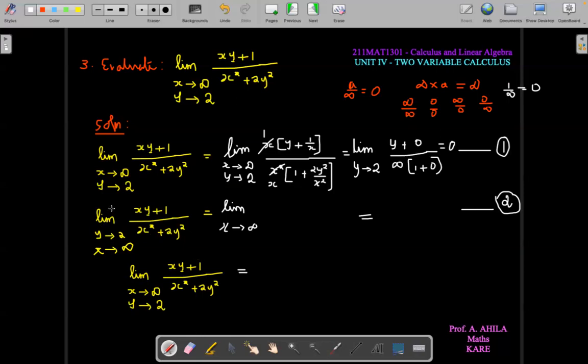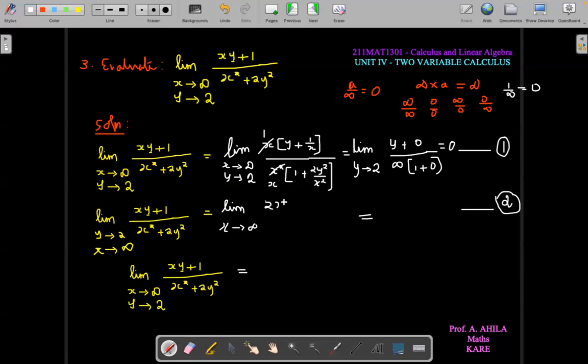Now, in the second path, we change the order. First y tends to 2 and x tends to infinity. Function remains the same. Now, I apply y equal to 2 first and then x tends to infinity. So, I don't write x tends to 2 here. Just I write x tends to infinity because y equal to 2, I am going to substitute. So, x into y, that is 2x.